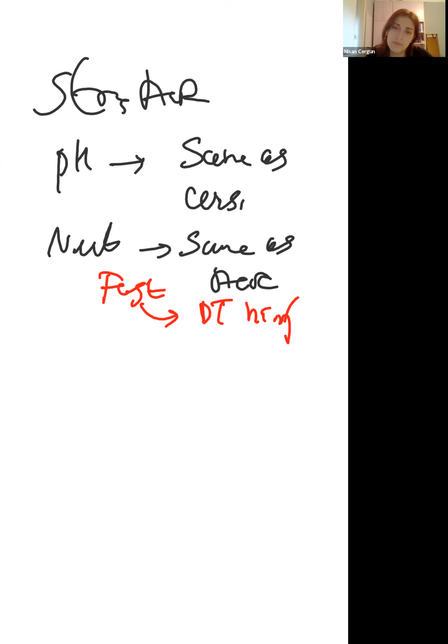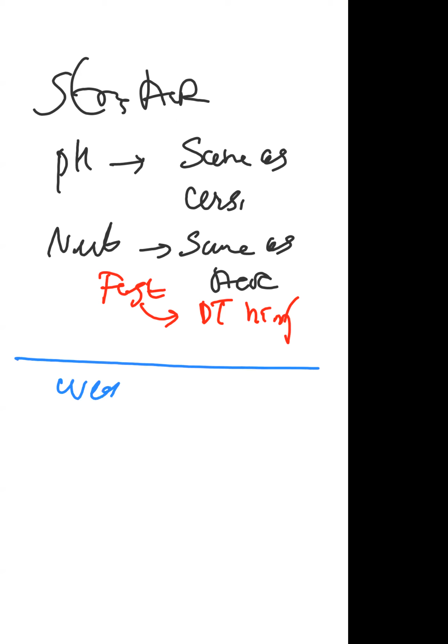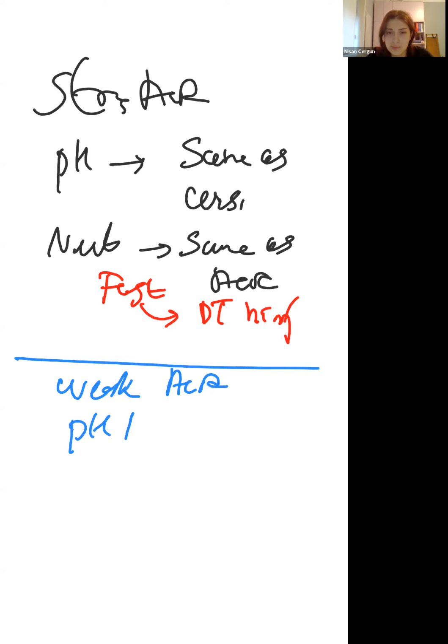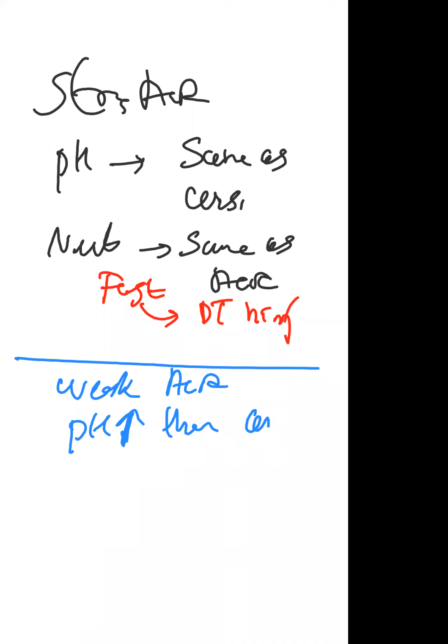For the case of the weak acid, the pH will be higher than the original acid concentration would give. Higher means closer to the neutral case.